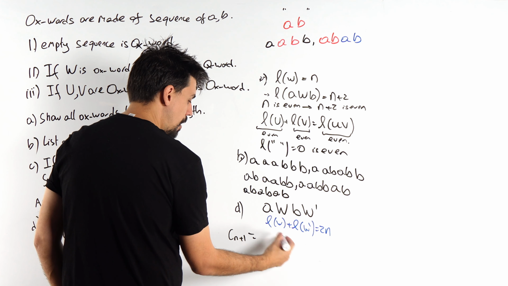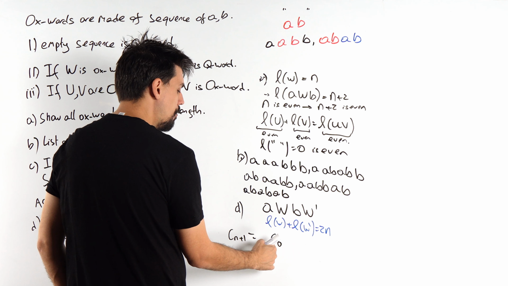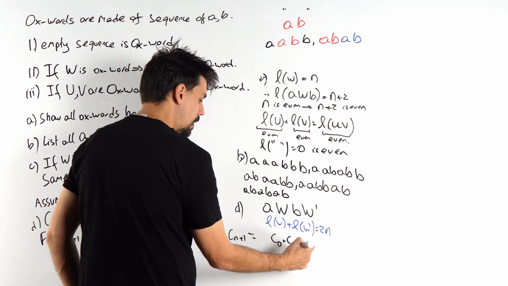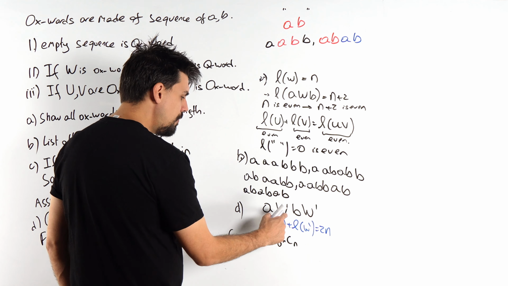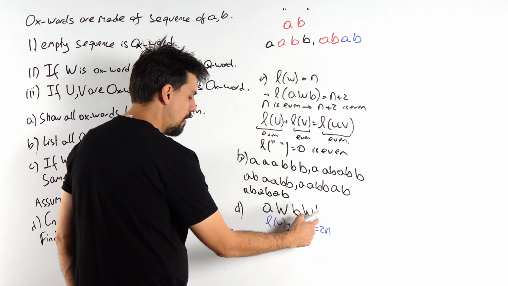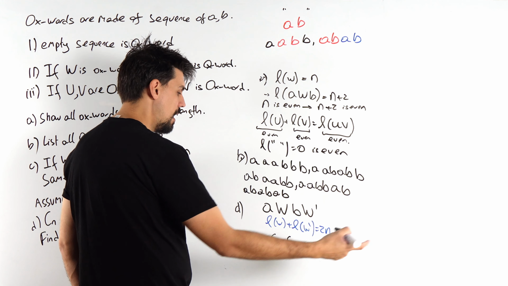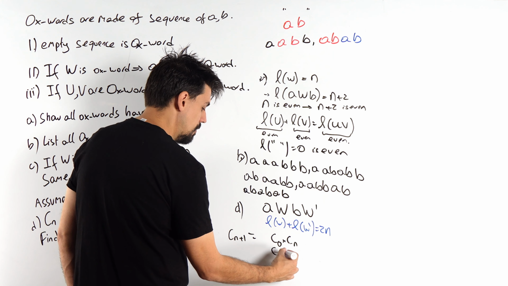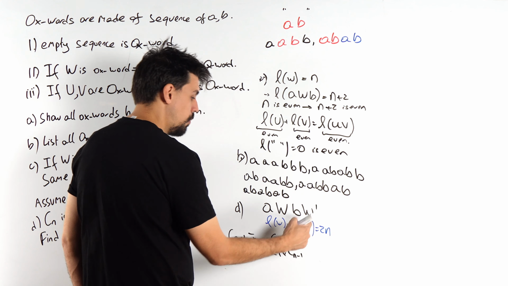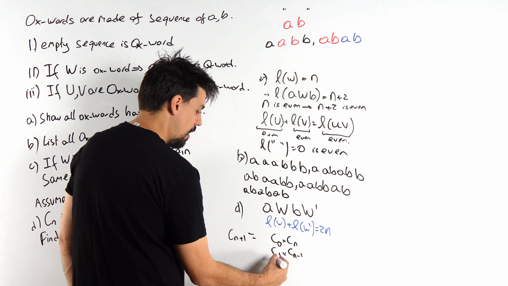So the number of ways I can do that is the number of words of length 0 times the number of words of length n. What if this is length 2, the next one up? Well, if that one's length 2, that one has to be length 2n minus 2. So that would be C1 options for that one, and Cn minus 1 options for that one. And you'll quickly see where I'm going with this.